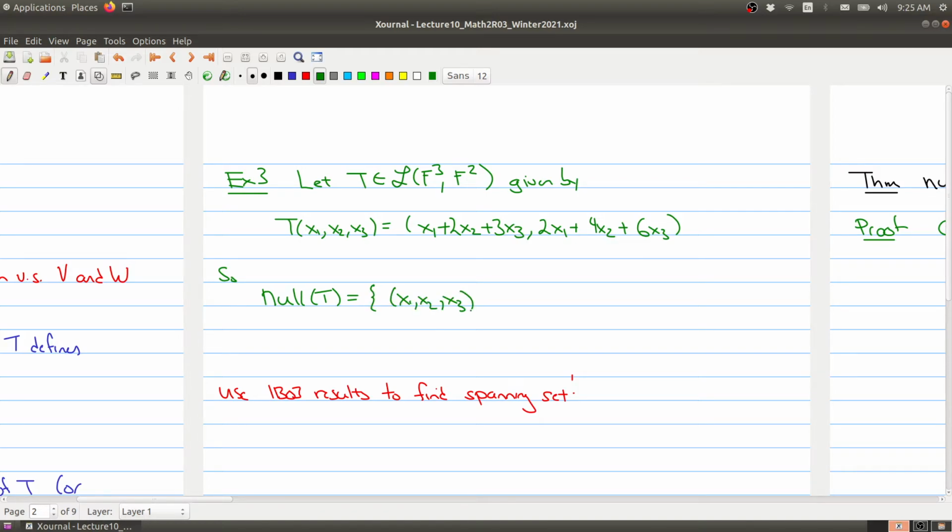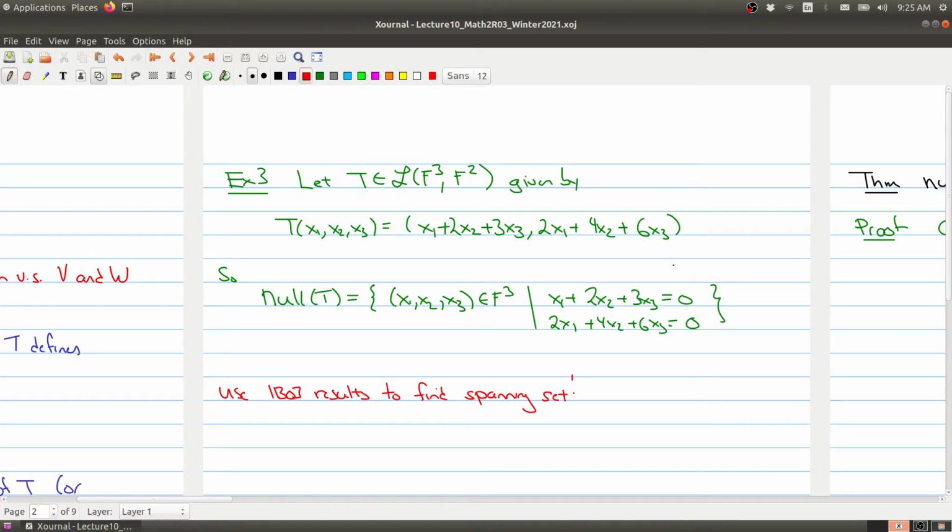all elements x1, x2, x3 inside of F3, and we need the first coordinate to be 0, and we need the second coordinate to be 0, right? So we require that x1 plus 2x2 plus 3x3 is equal to 0, and we require that 2x1 plus 4x2 plus 6x3 is also 0, because we want this coordinate and this coordinate to go to 0.